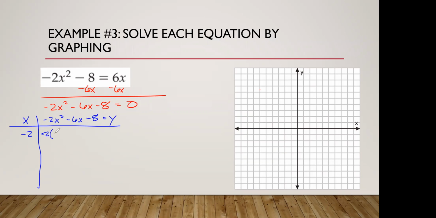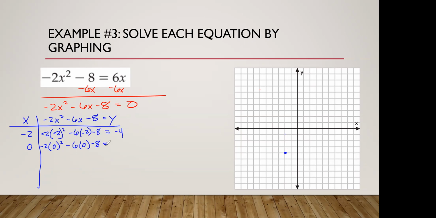So I'm going to start with negative 2. So I've got negative 2 times negative 2 squared minus 6 times negative 2 minus 8. I end up getting negative 4. So at negative 2, I go down 1, 2, 3, 4. So there's a point there. I'm going to go ahead and try 0. So I get negative 2 times 0 squared minus 6 times 0 minus 8.